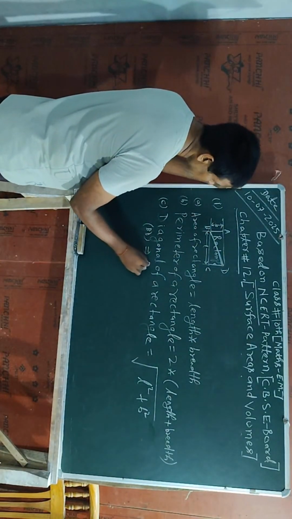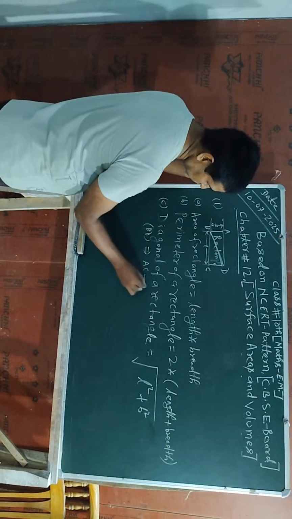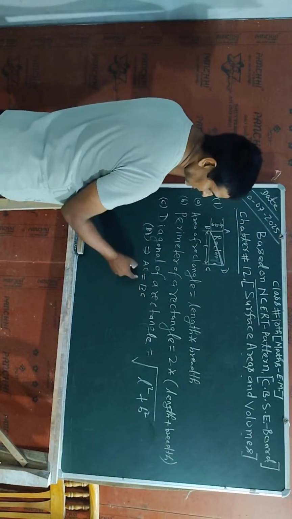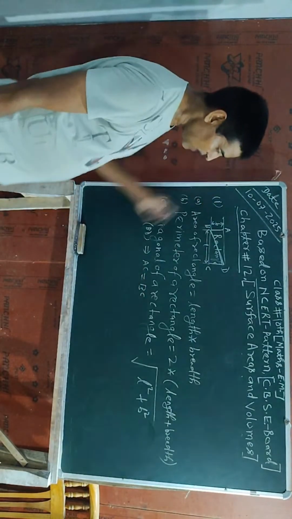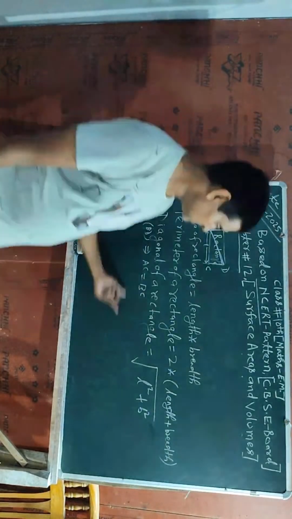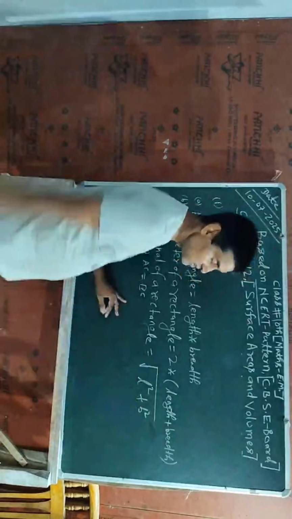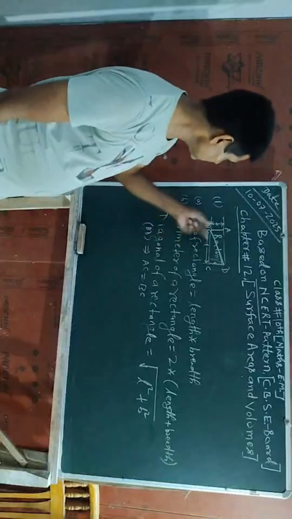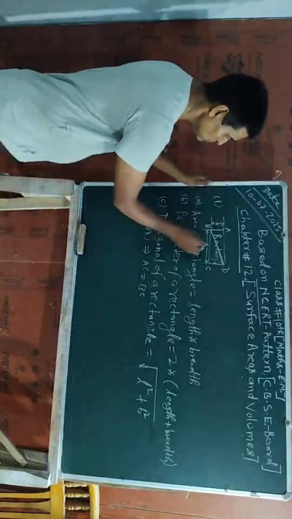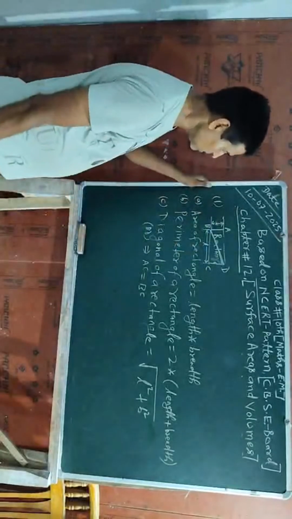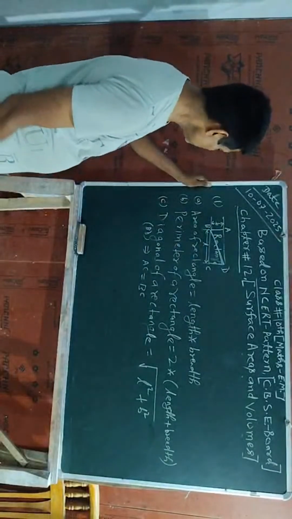So I write AC equals BD, and the diagonal is given by the formula square root of length square plus breadth square. This is the length and this is the breadth. Okay, students, if you know other information, you have to take it.